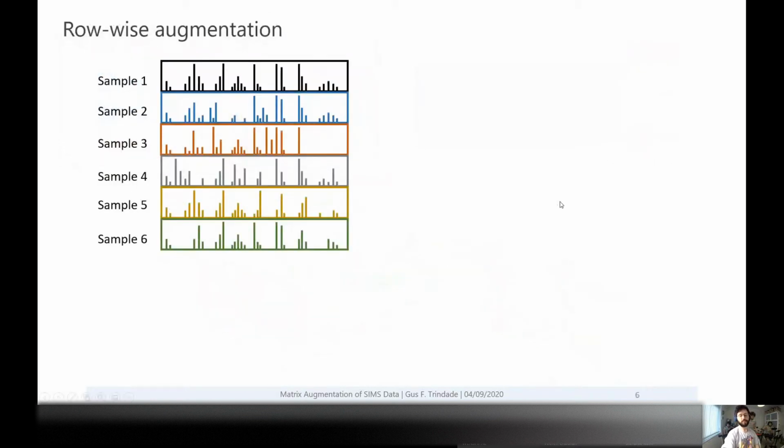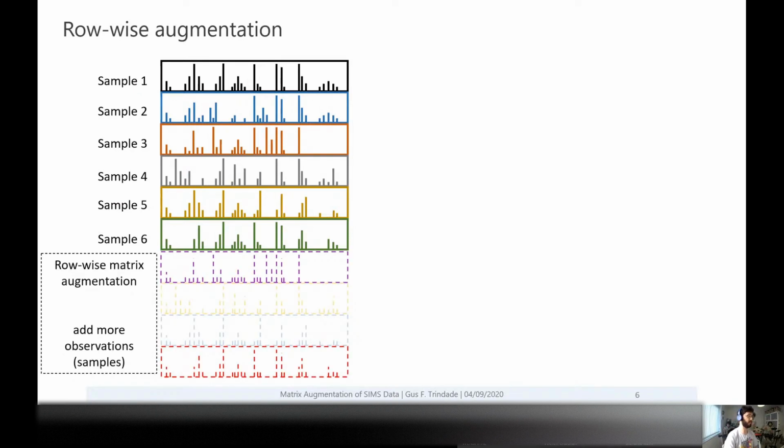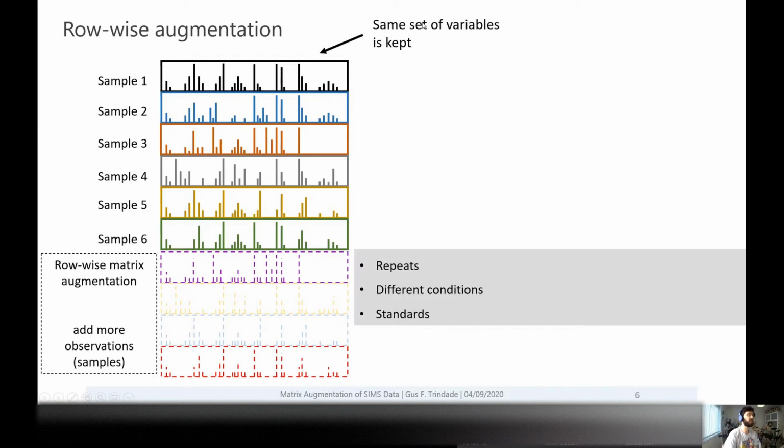The other one, which is actually the one I want to talk more about today, is the row-wise augmentation. So here, with the column-wise, we're adding more variables. Now, in the row-wise, we're adding more samples, adding more rows to your matrix. So we're adding more observations. Notice that the same set of variables is kept, right?